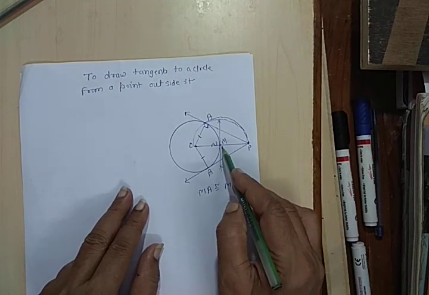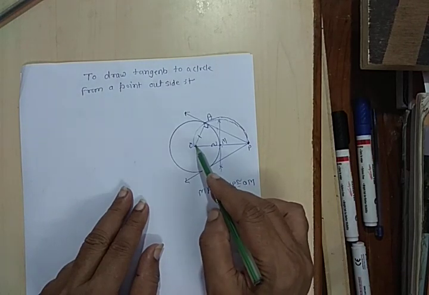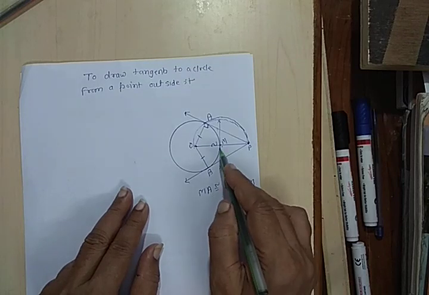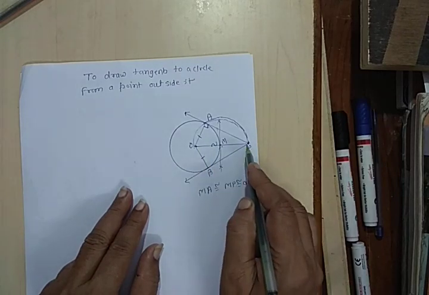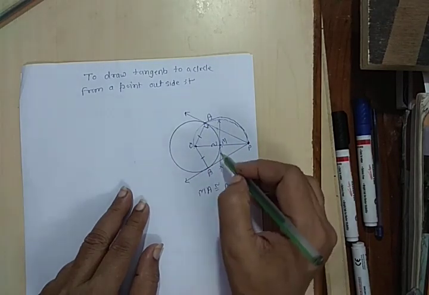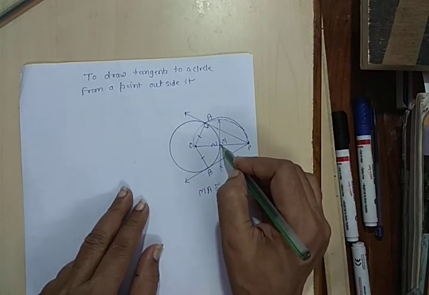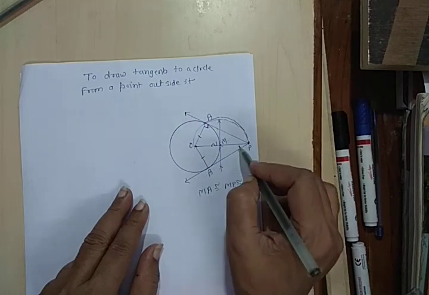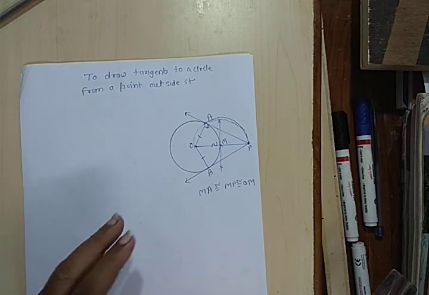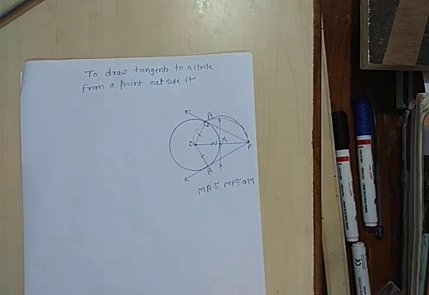That is, M is the center of the circle passing through points O, A, P. That means radius MO is congruent to MP congruent to MA. That means if I find the midpoint of OP and mark the arc, I will get point A and I am able to draw the circle.